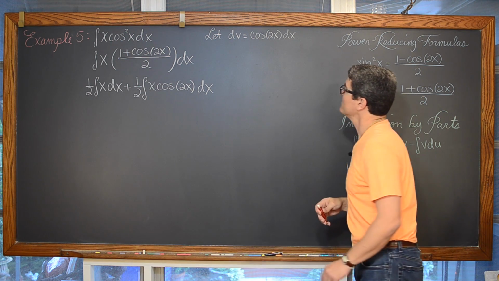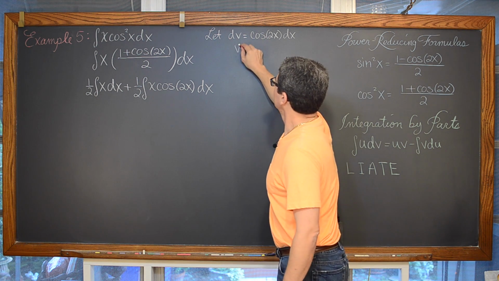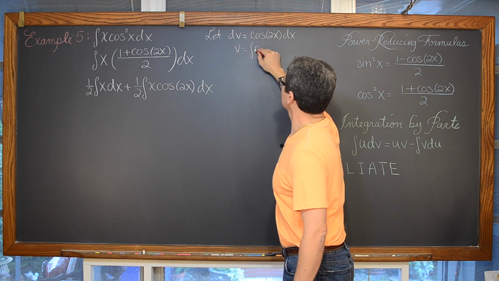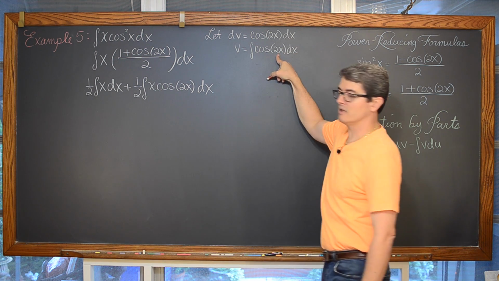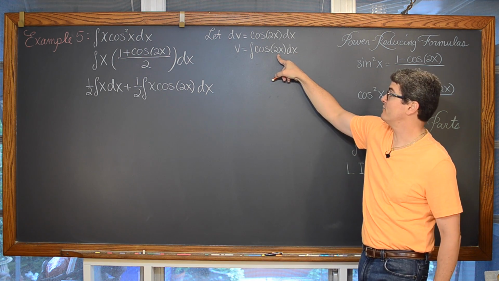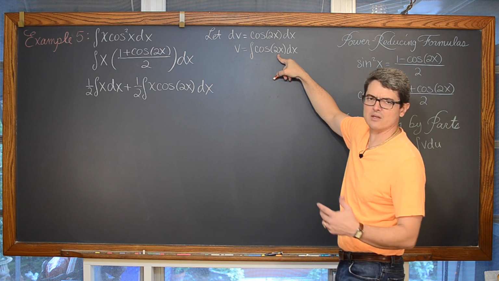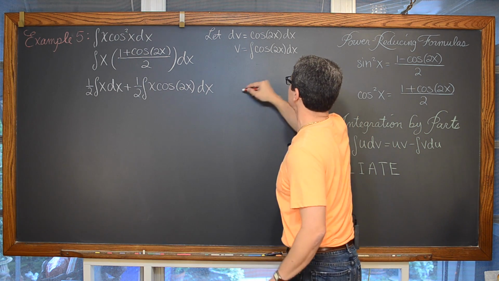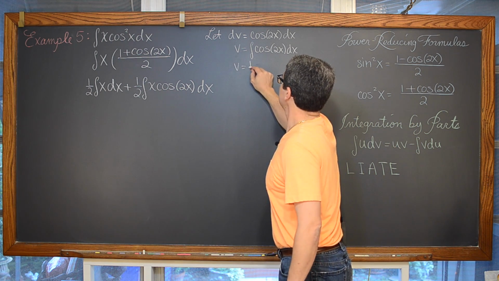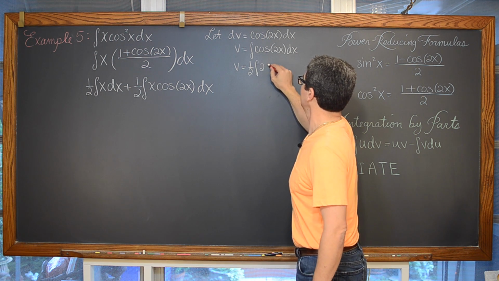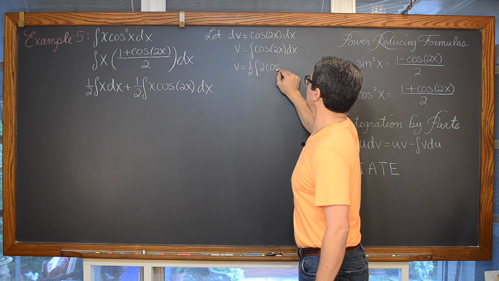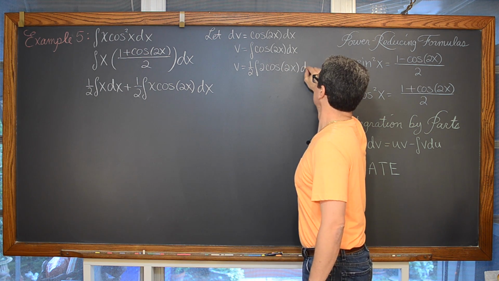That always goes together. So that means that v is going to be equal to the indefinite integral of the cosine of 2x dx. We have an inside function of 2x. To finish that chain rule, the derivative of 2x, like we mentioned before, is simply 2. So we have v is equal to 1/2 times the indefinite integral, kind of sloppy there, sorry, of 2 times the cosine of 2x dx.